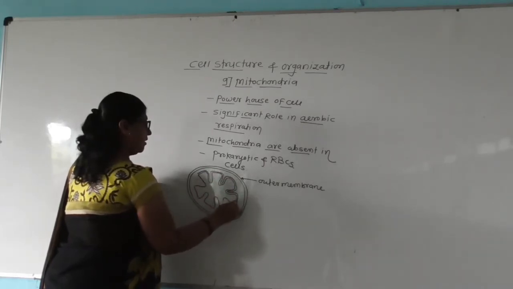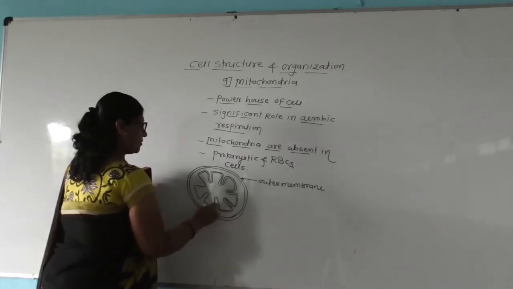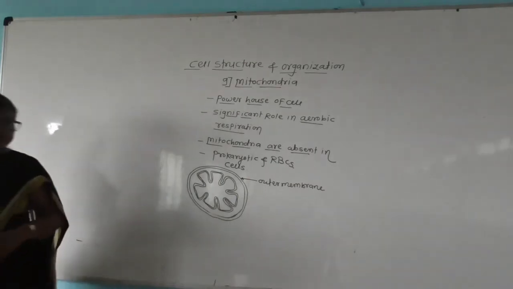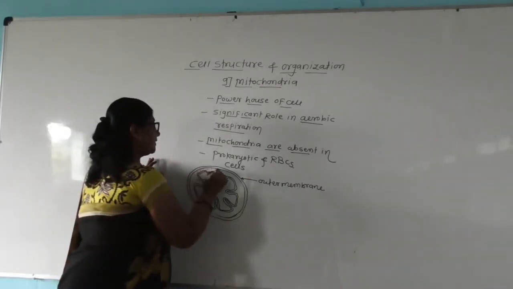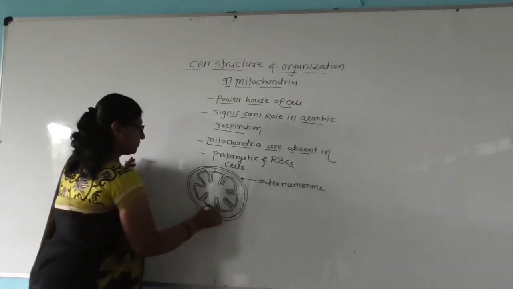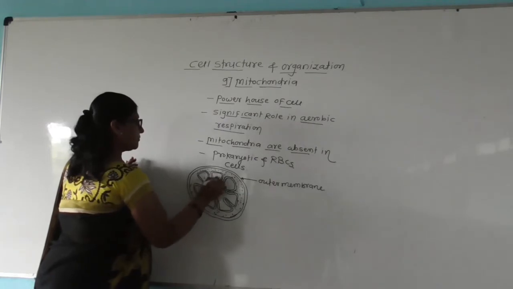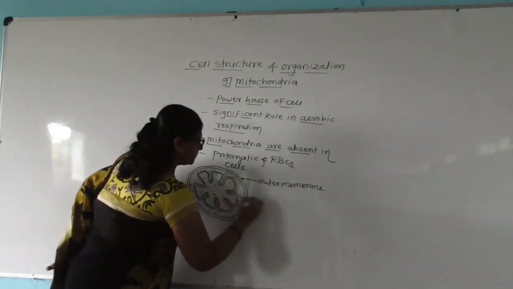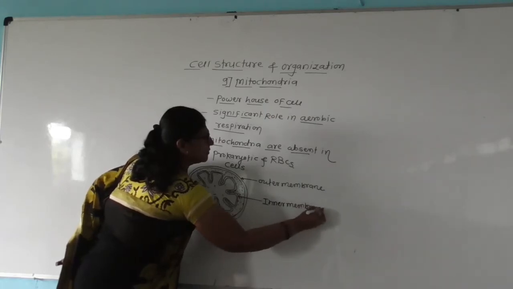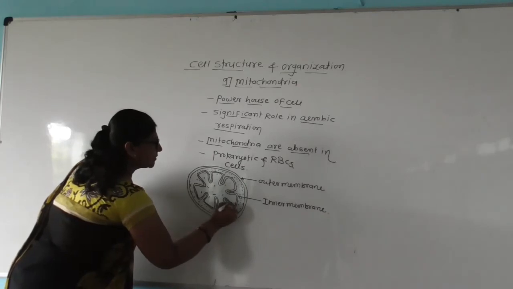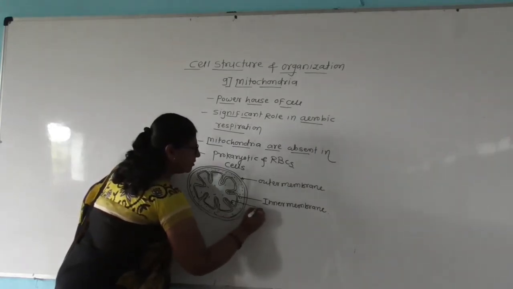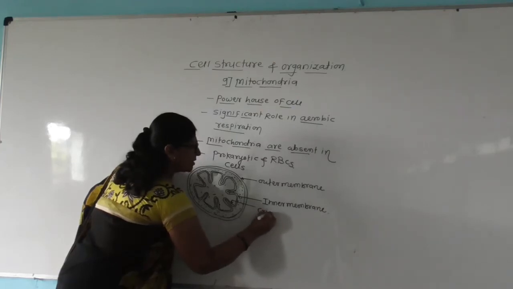These finger-like enfoldings are known as the cristae.